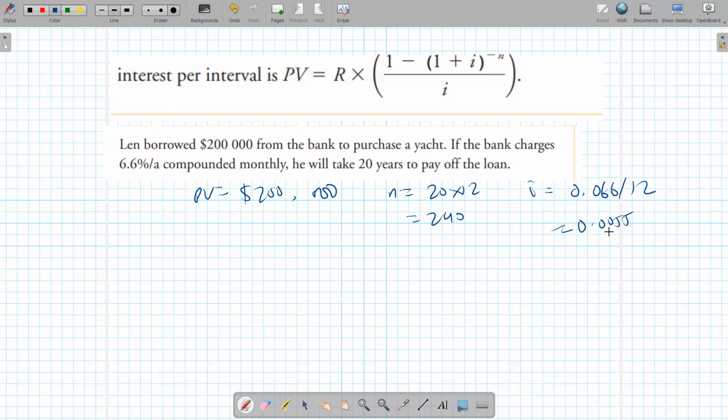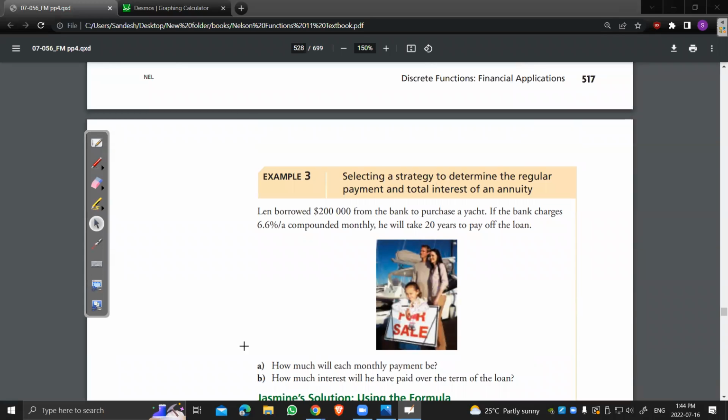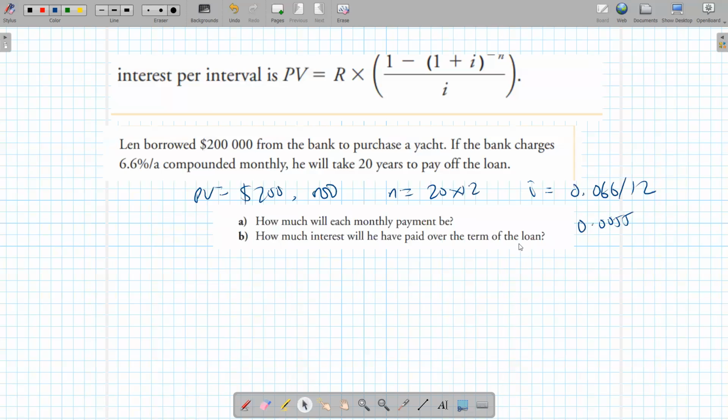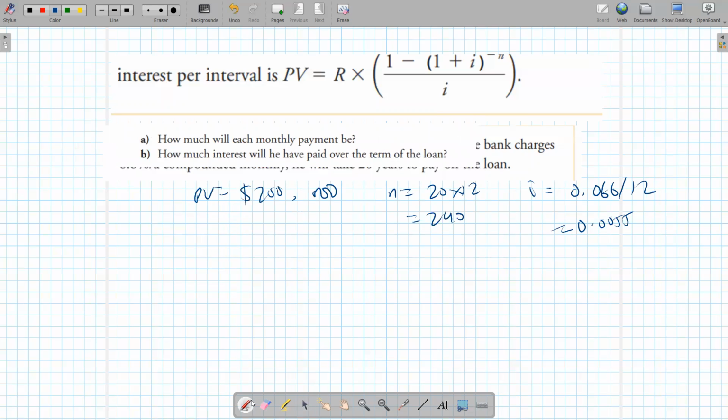What is missing? I guess the question is how much? Oh, there's two questions. How much will each monthly payment be? Yeah. What is that? It's the same thing as the other one. R is the periodic payment. Okay, it's the same thing from future values. So R is missing here. Cool.